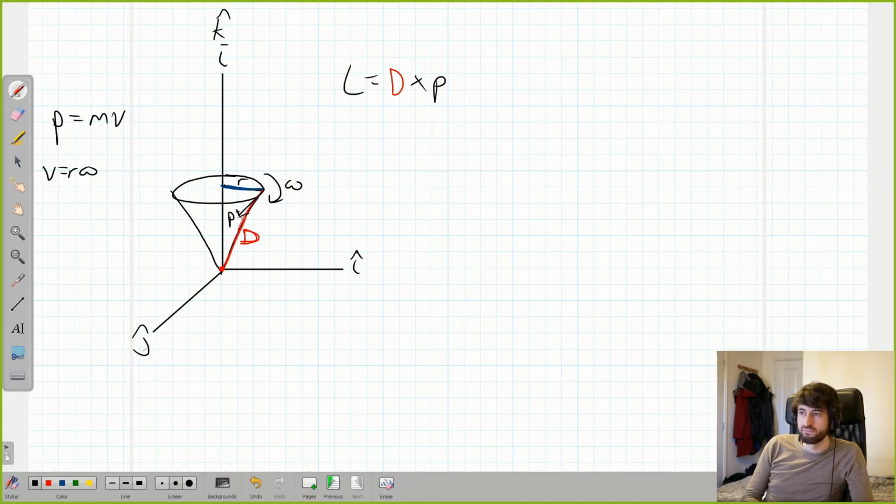When we're talking about v equals r omega, we're talking about this r, the distance to the axis you're rotating around, not the distance to the origin. So the reason I'm using r here and d here is because d is the distance from the origin to the particle that's rotating, and r is the distance from the axis. Hope that's clear.